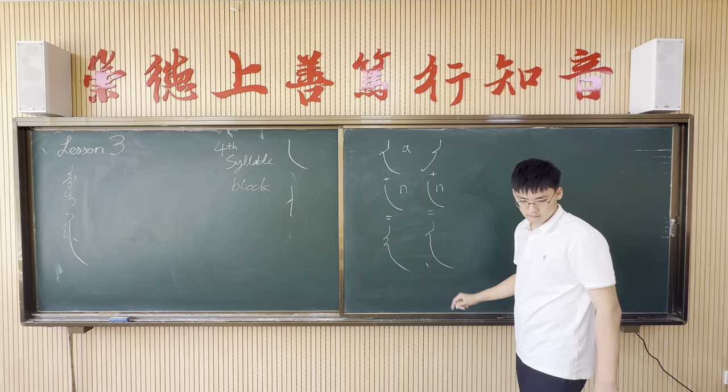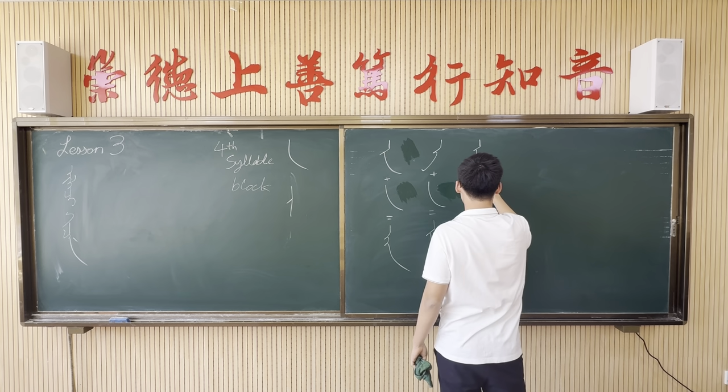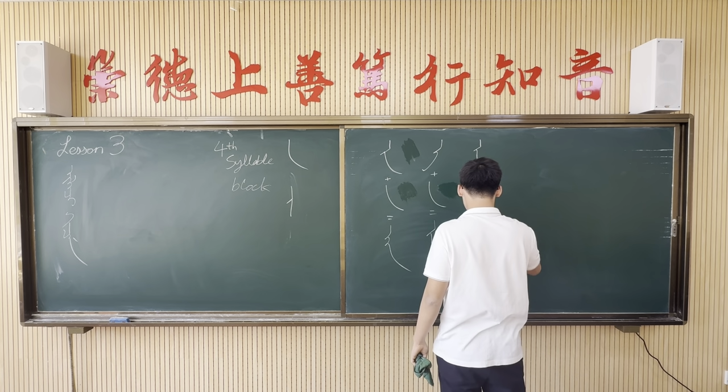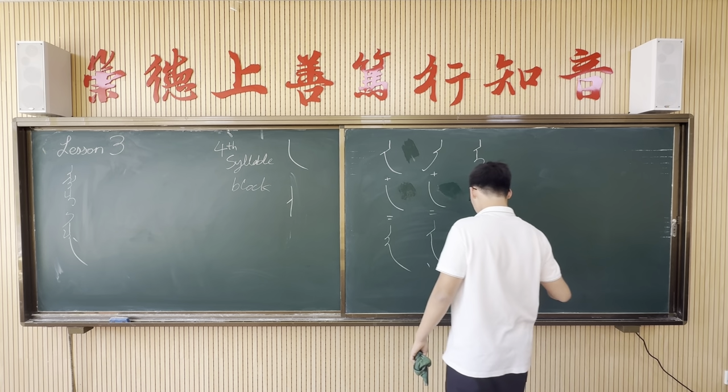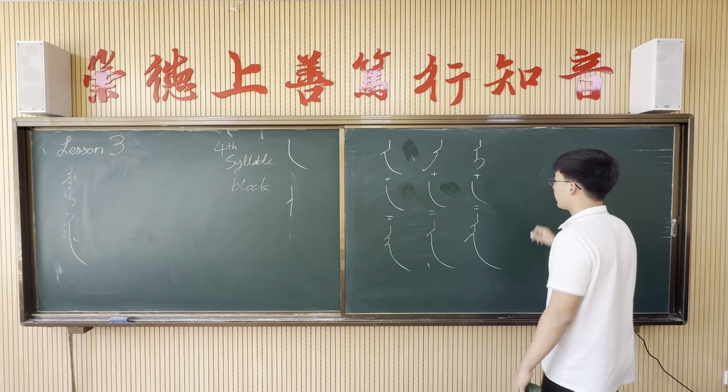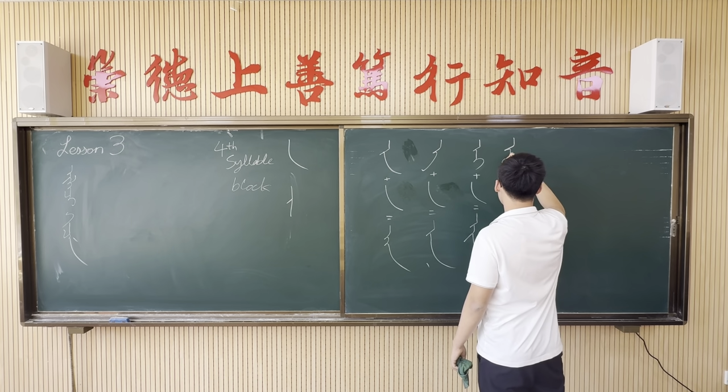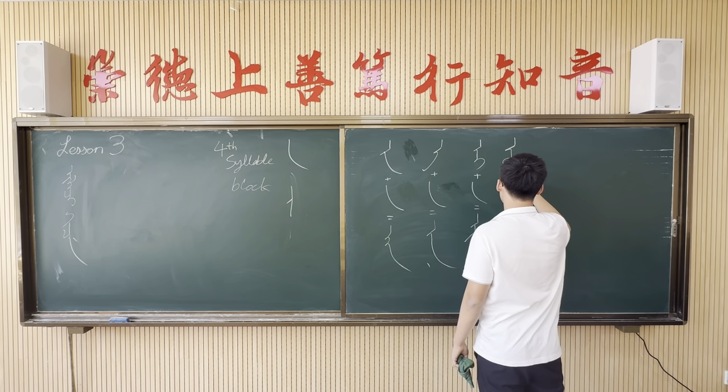Now let's do E. E plus N is in. Okay. O plus N is on. U plus N is un.